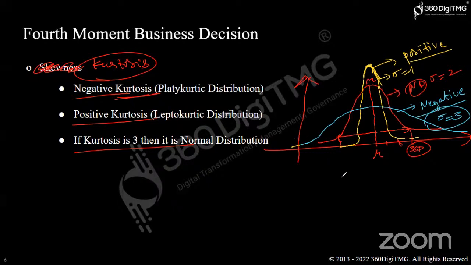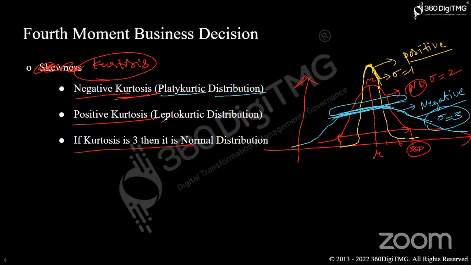So this we call kurtosis. We also call it platykurtic distribution. You can see that this is flat, the tip is very flat, and it remains constant for some time and then reduces.